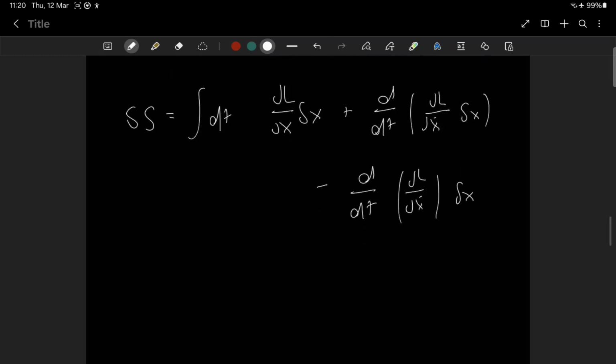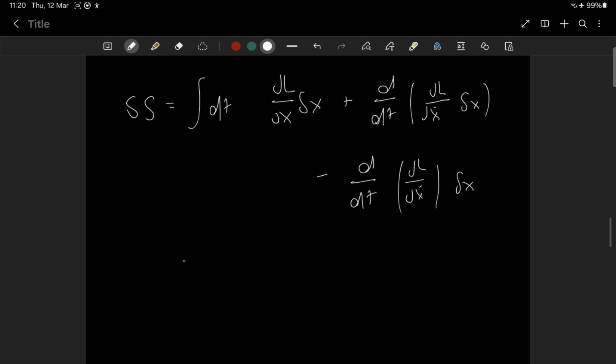We have to remember the following. When we take the variation of the action, what we actually have is the following. We have the trajectory of our particle, with time here, for example, and x here, and then we have two points, the initial point and the final point, and a certain trajectory along which the particle moves.